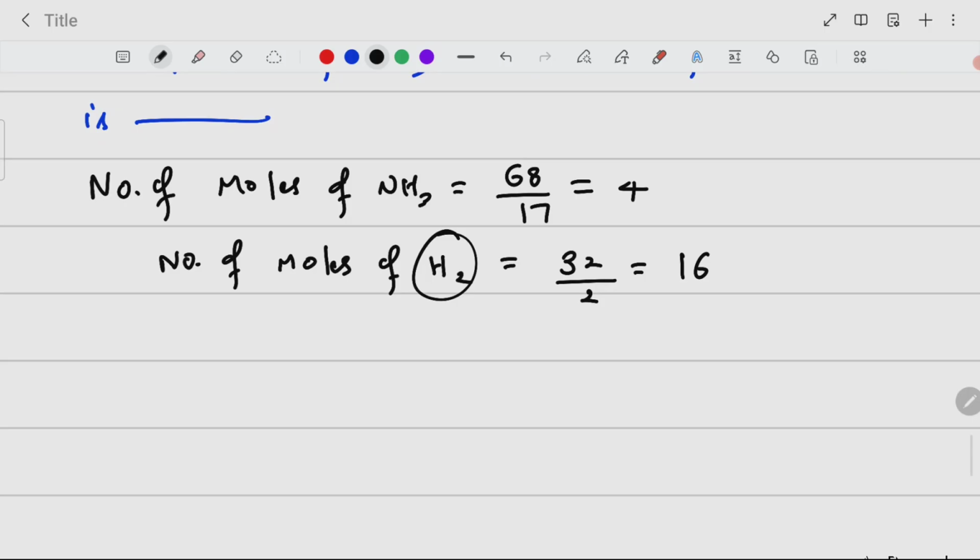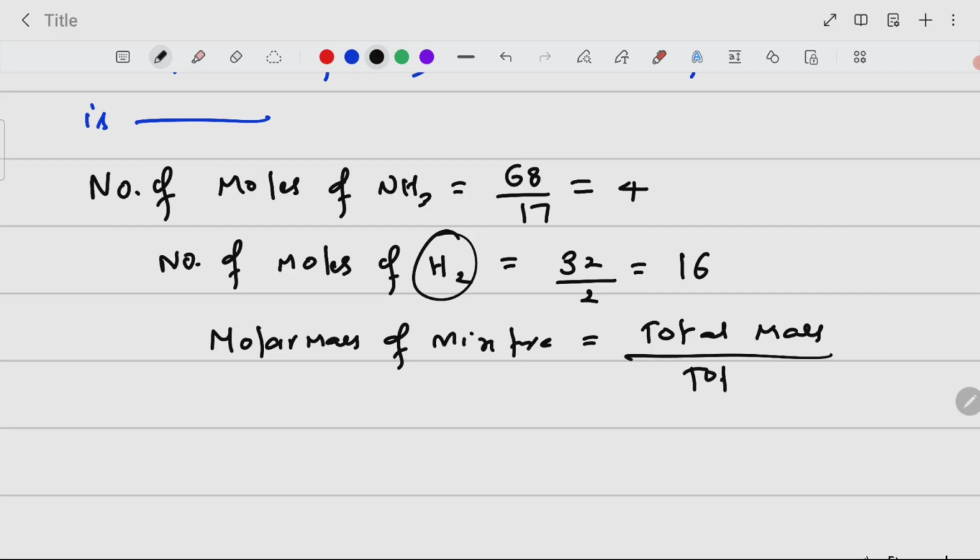So now, how do we calculate the vapor density of the mixture? First we should know the mixture's molecular mass. So the molar mass of the mixture is equal to total mass by total moles.